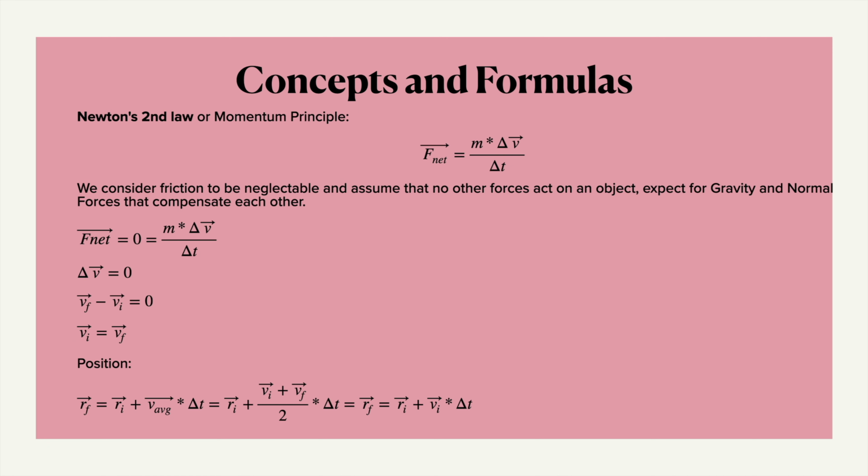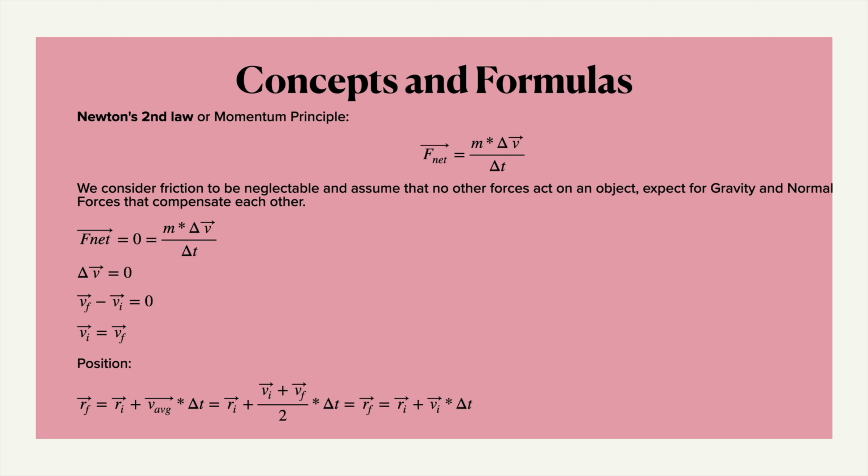Before I elaborate on the experiment and results, I want to cover several concepts and formulas that we will need for analyzing the motion. Newton's second law, or the momentum principle, is the main concept of this lab. In the experiment, we consider friction to be negligible and assume that no other forces act on an object, except for gravity and normal forces that compensate each other.